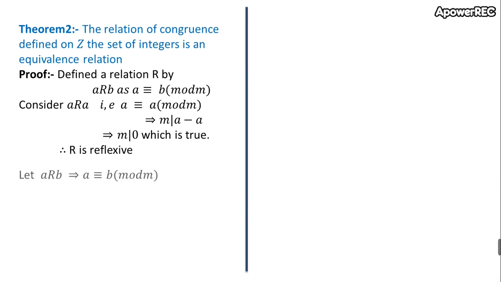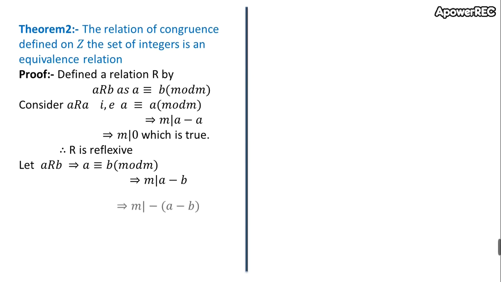Now come to one more condition. Let a relates b, which is nothing but a congruent to b mod m, which is nothing but m divides a minus b, which implies that m divides the negative of that number, that is m divides minus of (a minus b), which is nothing but m divides b minus a.